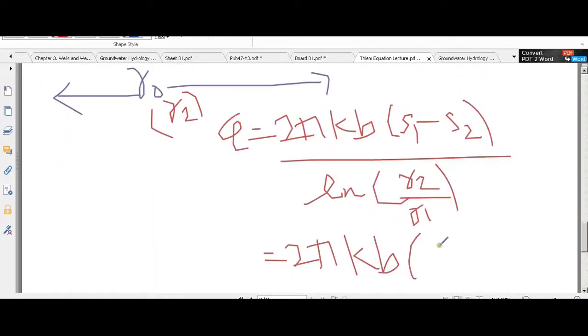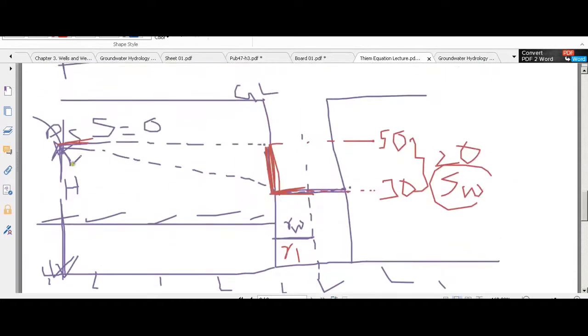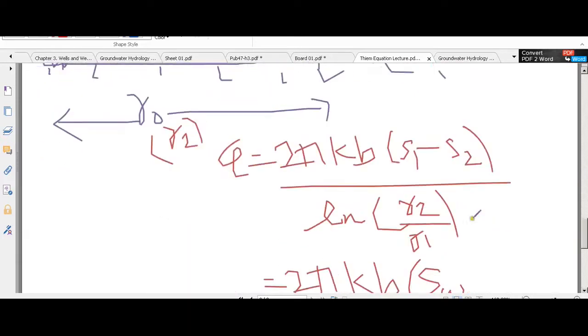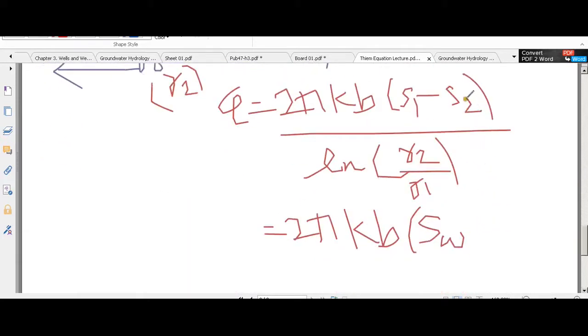Guys, this is the special case, okay? SW. What is S2? S2 means the drawdown at there, actually 0, no value. So minus 0, because when R is very much larger, you cannot get the drawdown height. So it is minus 0, or you can just put SW.